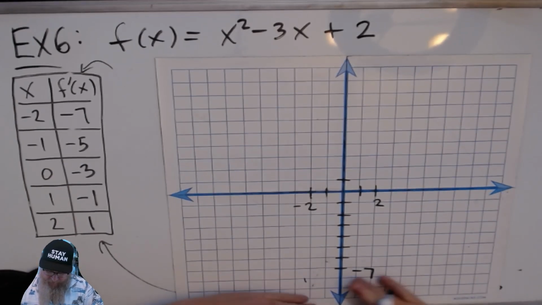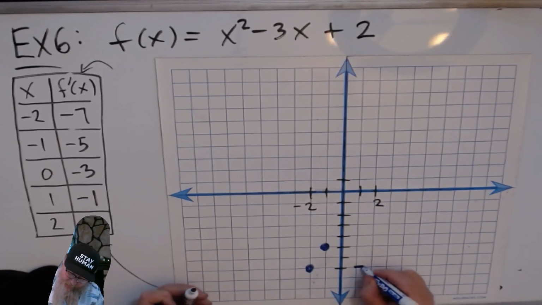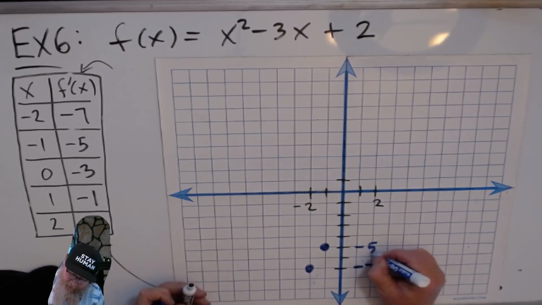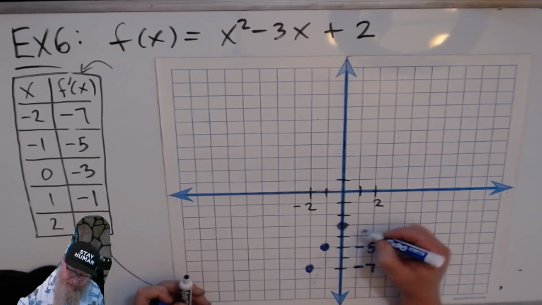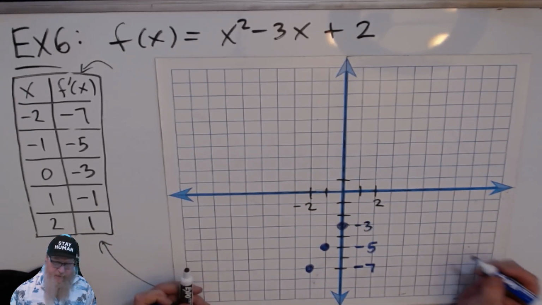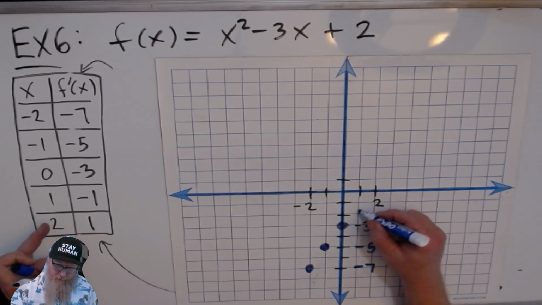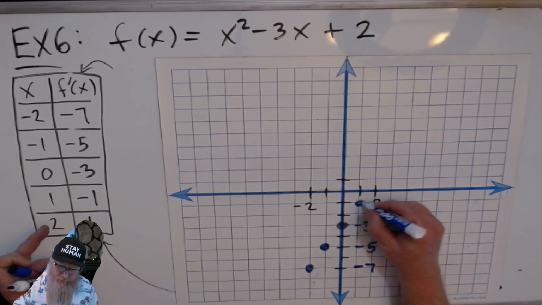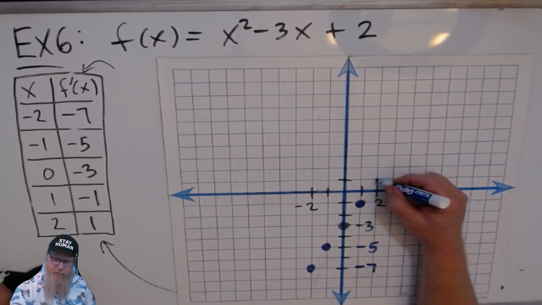I'm off by 1. So there's -7, there's -5, and then 0, -3, and then 1, -1, and then 2, 1.